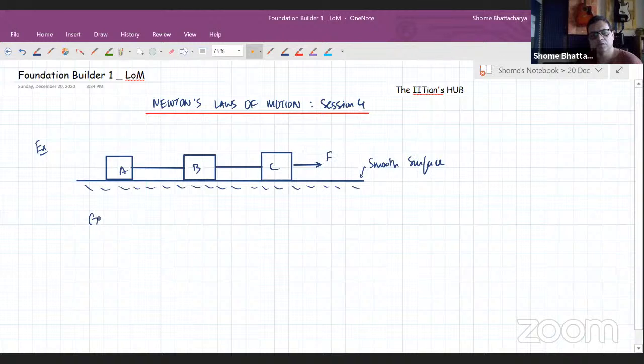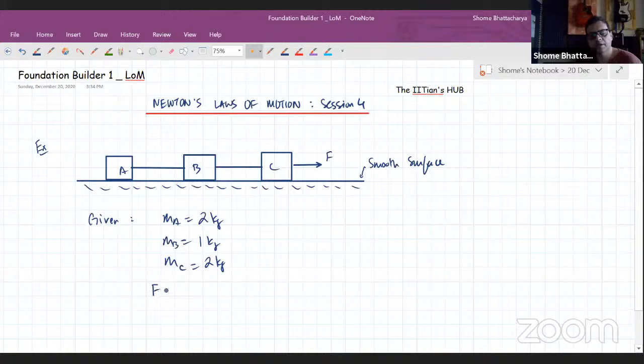So let's say the given situation is the mass of the block A is equal to 2 kilograms. The mass of the block B is 1 kilogram, and the mass of the block C is again 2 kilograms. Okay, and the force applied is equal to 10 newtons. And as I said, these are light threads.